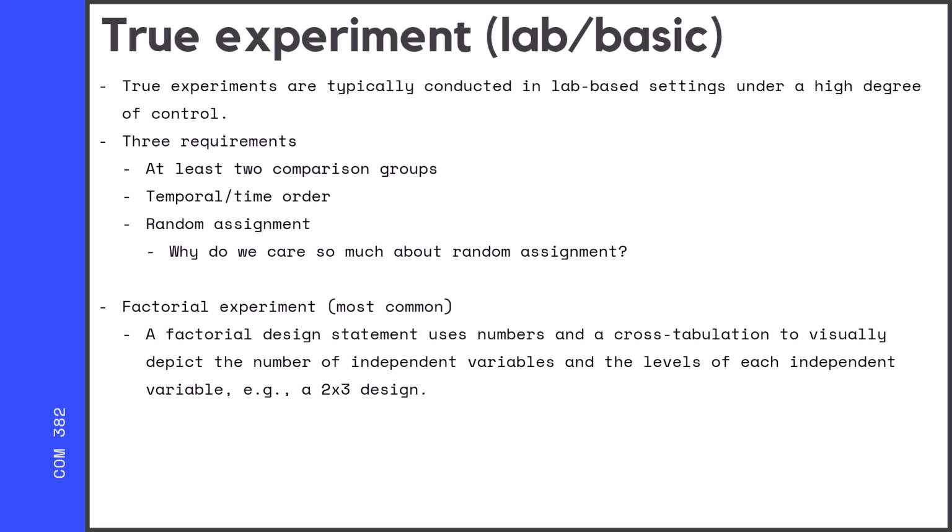We randomly assign people to two comparison groups. One is an experimental group that receives an anti-bias training, and then there's a control group that receives a training in how to use PowerPoint or something. They still have a training, but it's not on anti-bias. The time order would be established by measuring implicit biases in both groups, both before and after this training intervention.